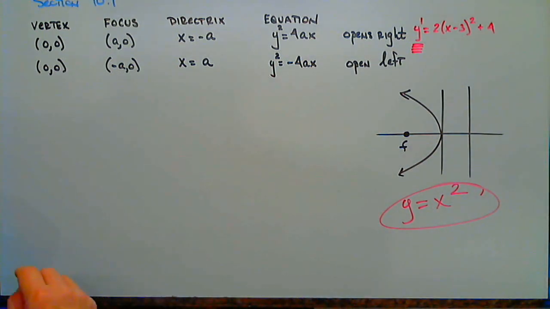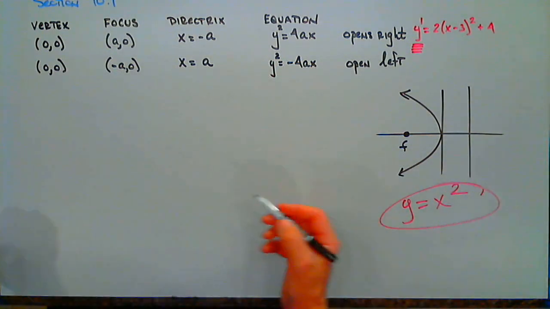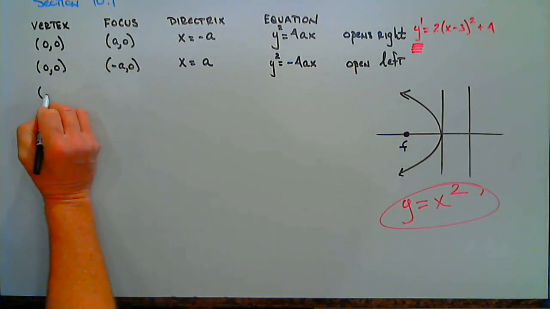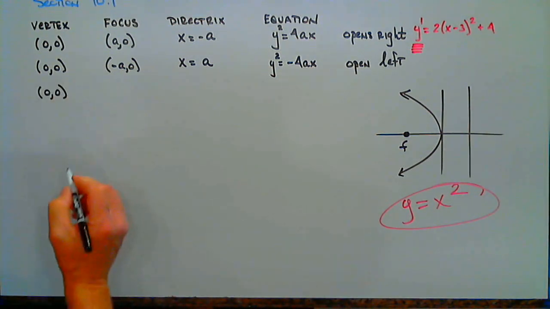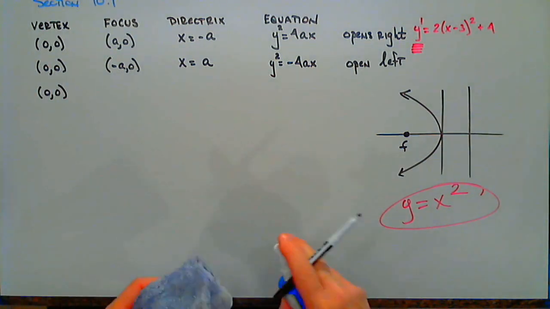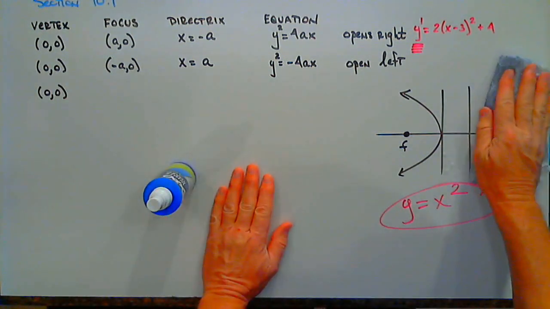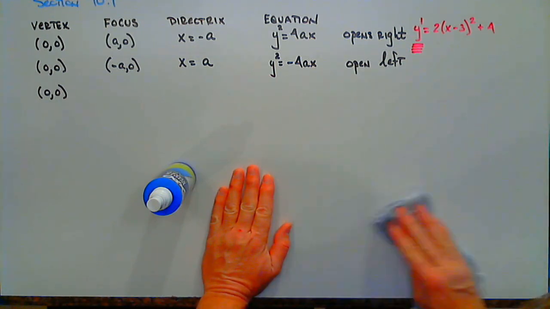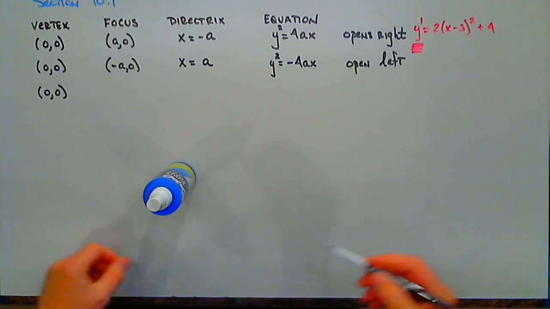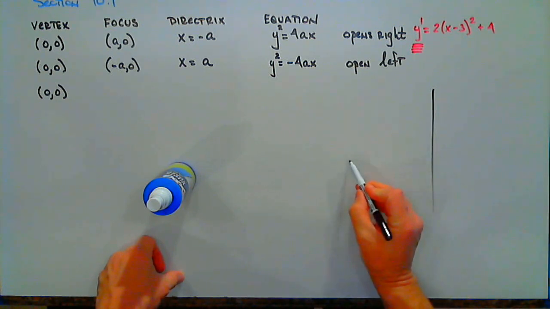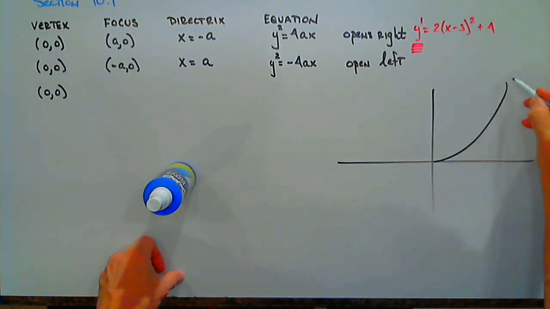So if we wanted to open up instead of to the left, our vertex is still going to be 0, 0. All right? So let's erase this with this little sketch we've got here. Let's make it open up, which is what a lot of us have wanted to happen since we started this.